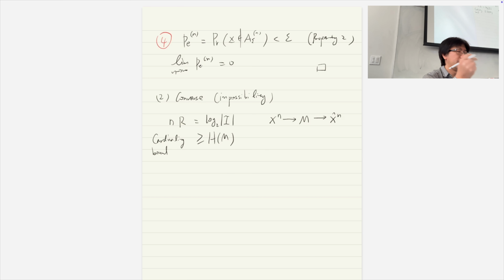Okay, so when you read here, you may think, what is the cardinality bound? In order to show that, what do we need? How did we show that? Can anyone say it? How can we show this? Take a divergence with the uniform distribution. Exactly, very good.